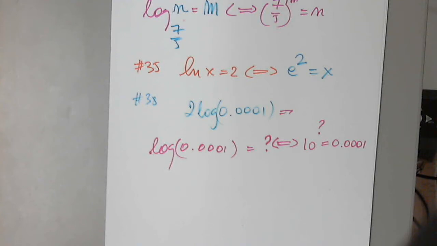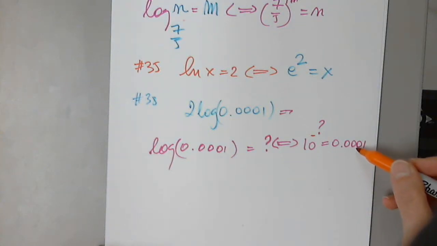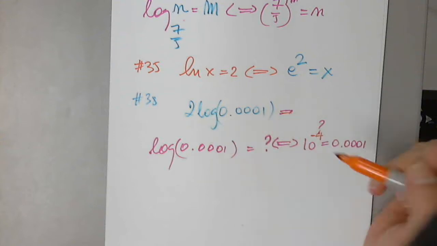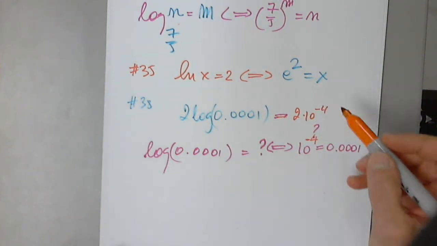So negative what? 1, 2, 3, 4. Negative 4. 10 to negative 4. So then I can come back and write the answer is 2 times 10 to negative 4.